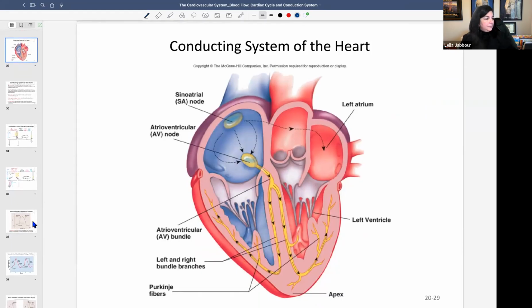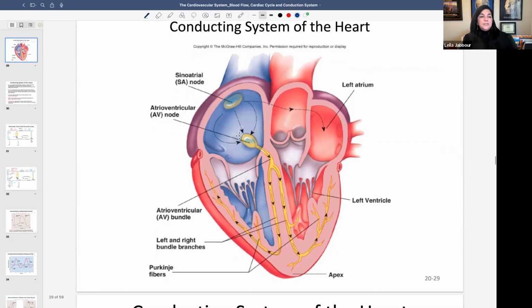Okay. So now let's talk about the conducting system. I'll talk about pacemaker cells first, and then I will circle back into the cardiac cell and discuss the action potential of both of these types of cells. So the conducting system.